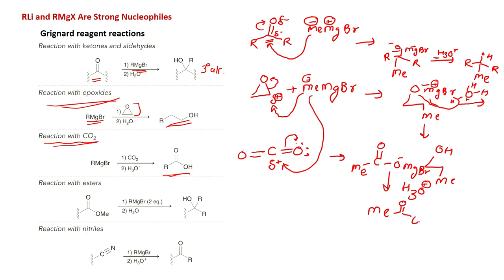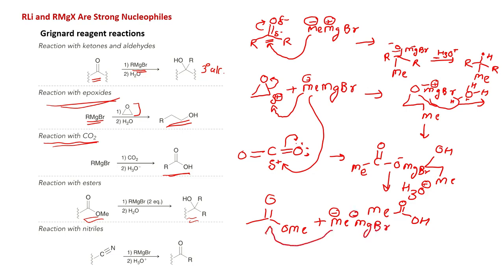And similarly with ester you will get tertiary alcohol, and its mechanism is this. This is your ester reacting with methyl magnesium bromide.